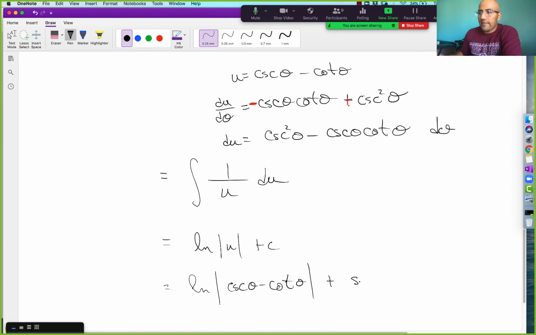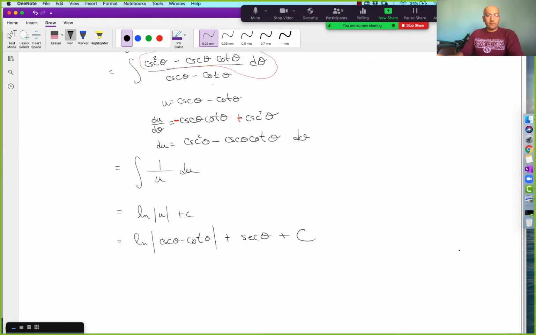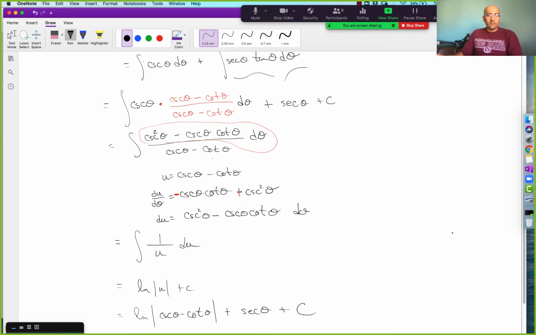Plus, and we already had that secant of theta from before, and we have plus some constant. Right? So I just brought this guy. Okay. Any questions about this so far?